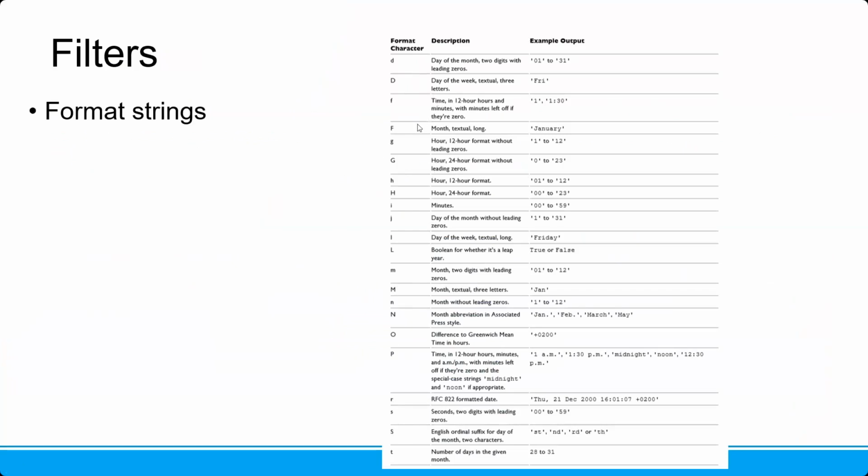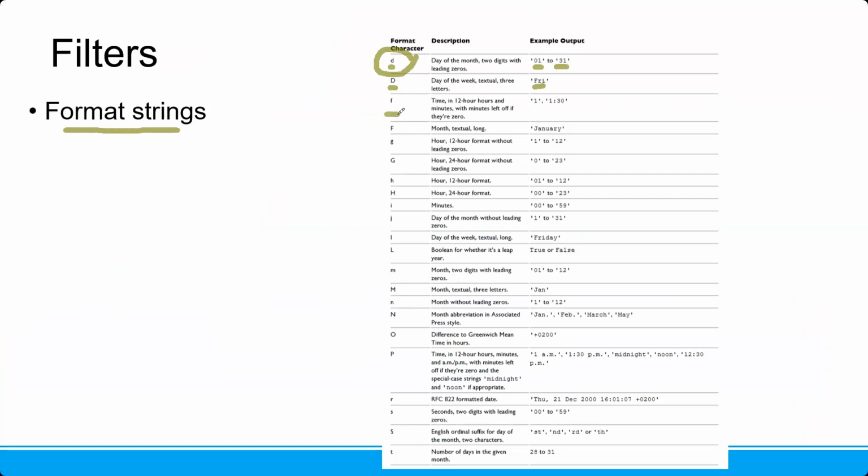For example, if you use d, this is the format string for date. So if you apply d, it means you will print 01 until 31 for the date. If you put big D, then you will print the day of the week. For example, Fri means Friday.